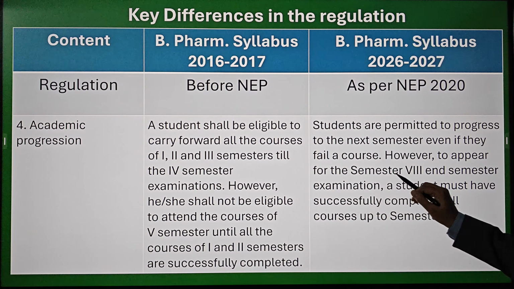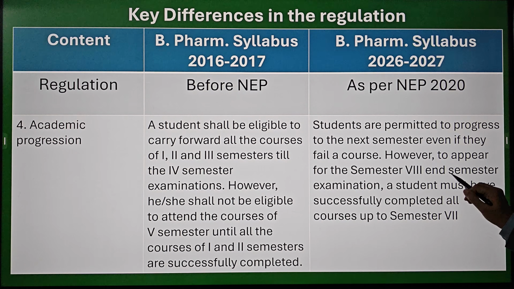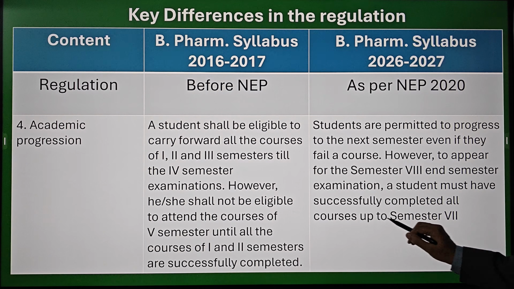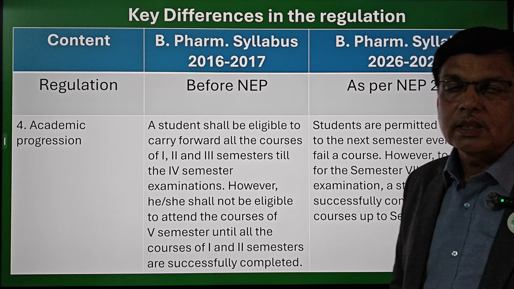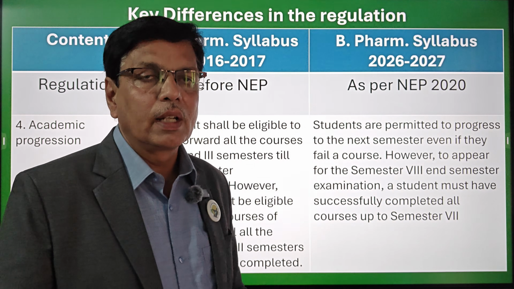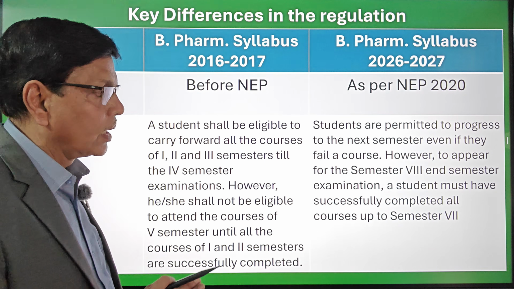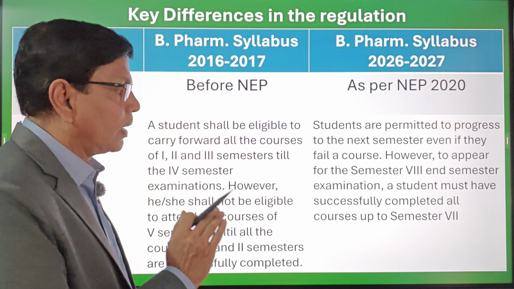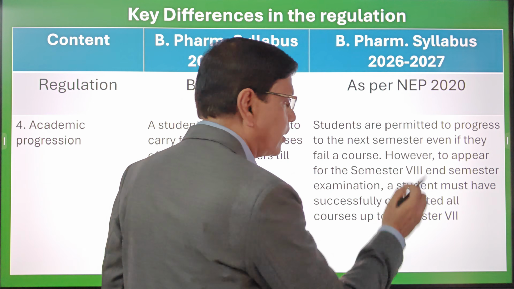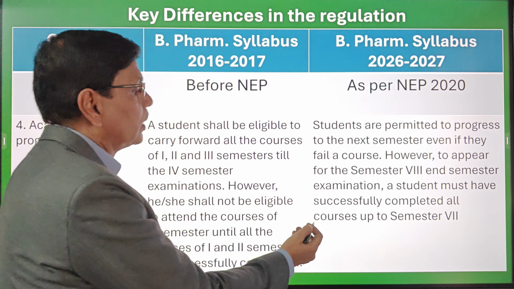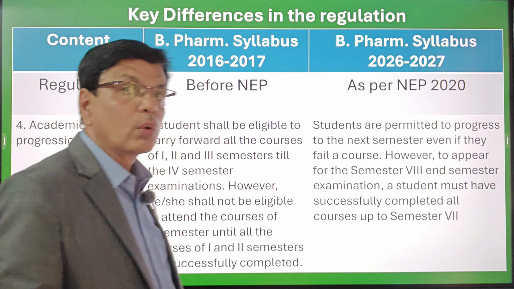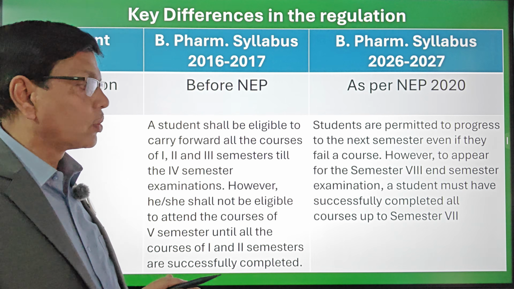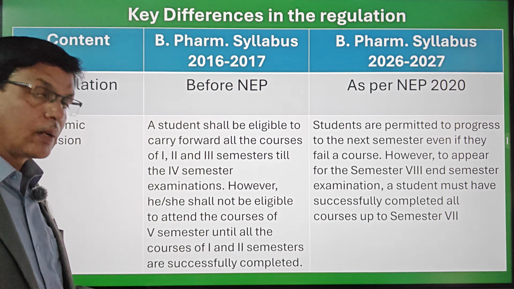However, to appear for the semester 7-8 end semester examination, a student must have successfully completed all courses up to semester 7. That means what I understood is, you can attend 8th semester classes, but while writing the 8th semester end semester examination, one should have completed all courses successfully. That means 1 to 7 all courses should be completed or passed.